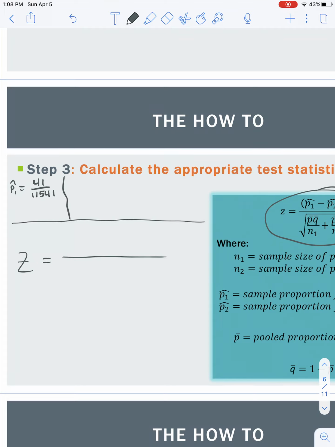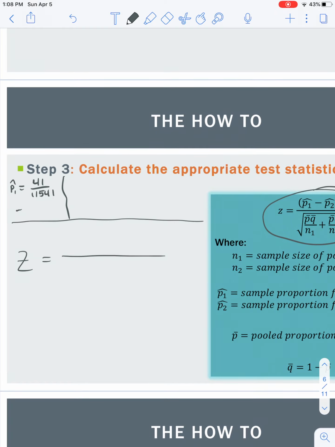Which I can go to the calculator to find out. I want to be really accurate here, so I'm going to go a few decimal places. 0.00355.